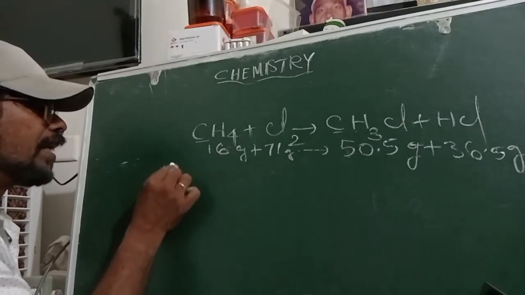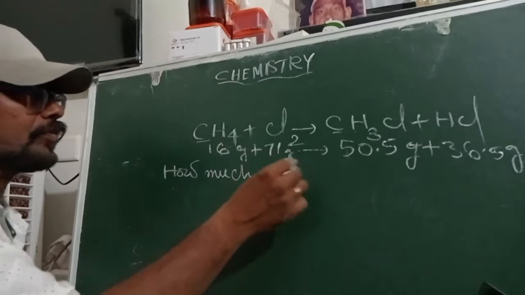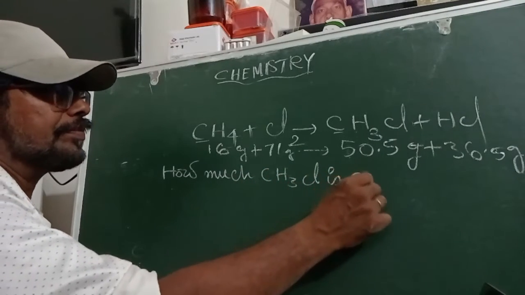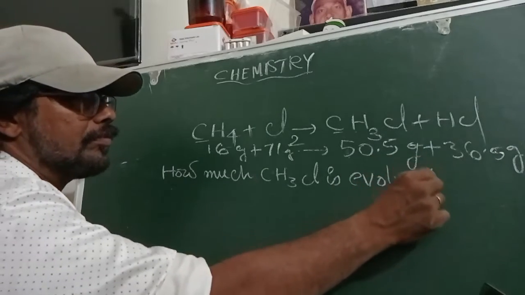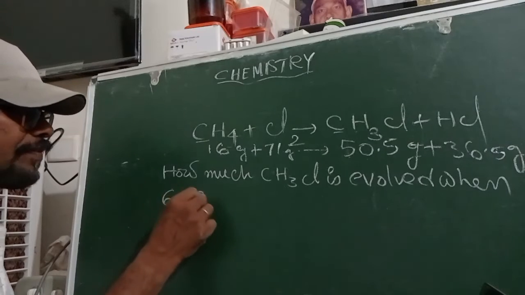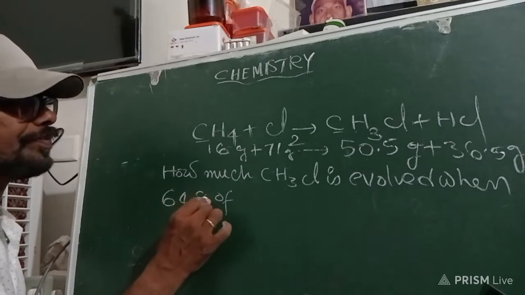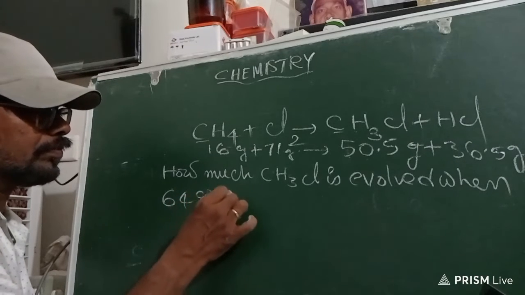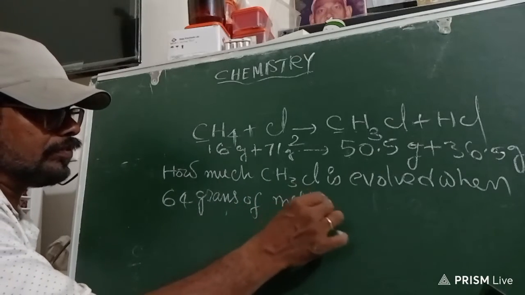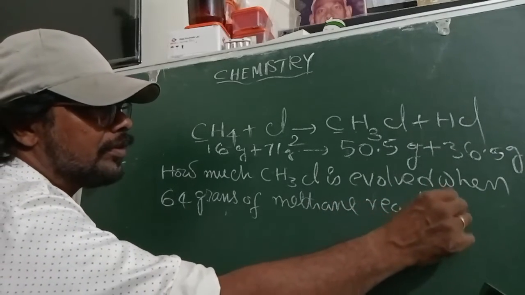Suppose, how much methyl chloride is evolved when 64 grams of methane reacts with chlorine?